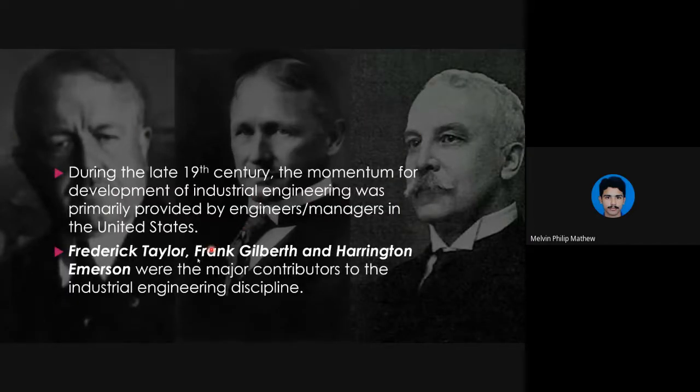So these three people residing in the United States were considered as three basic engineers or managers that revolutionized or were major contributors to the industrial engineering discipline. So these are the three people responsible for the momentum of industrial engineering.